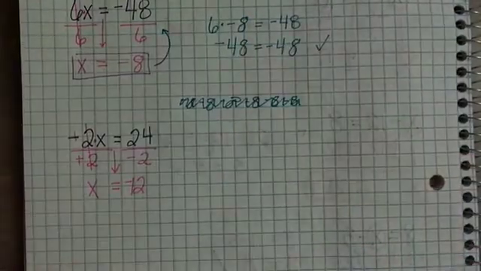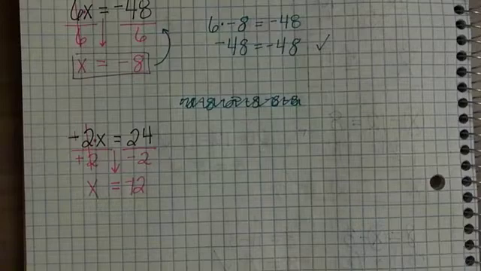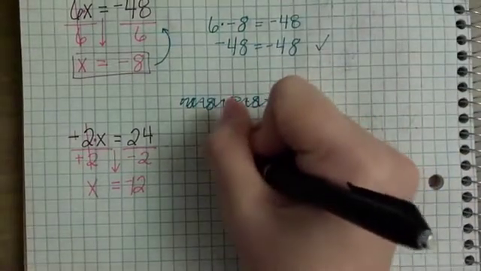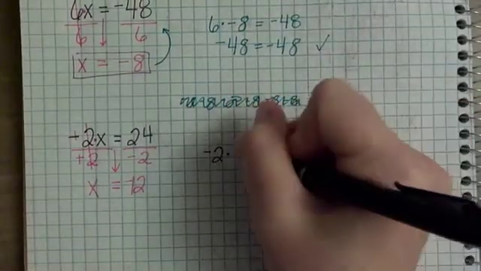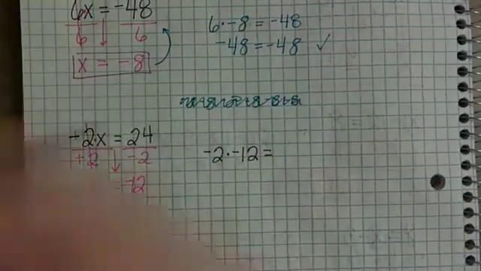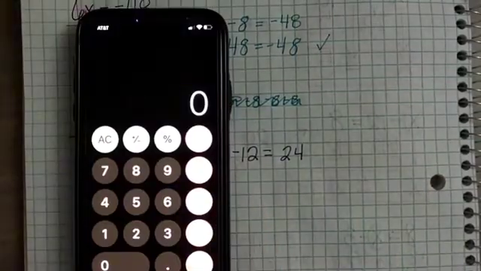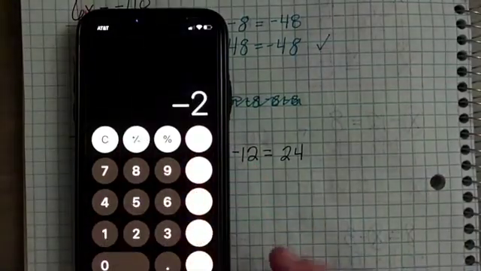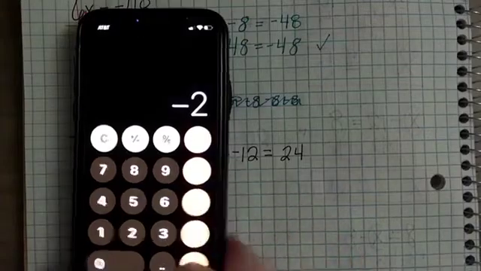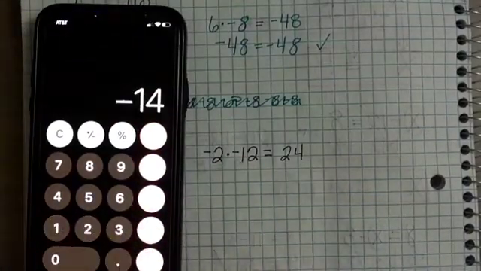That's a terrible negative 12, but let's try that out. So if we have negative 2 times negative 12 equals 24, let's see if that's true. So 2, which is negative, times, notice that's times negative 12.